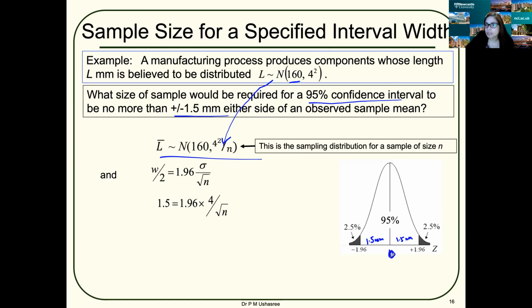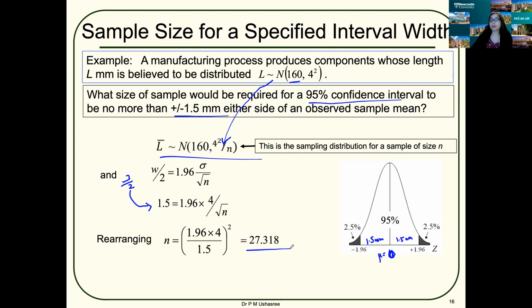I'll put 0 because it is Z, population mean is Z. So 1.5 mm on the right and 1.5 mm on the left, so the total width is 3 mm. So you put 3 over 2 is equal to 1.96 sigma by root n. So 3 over 2 is nothing but 1.5, equal to 1.96 times 4 over root n. And then you rearrange to find the value of n.